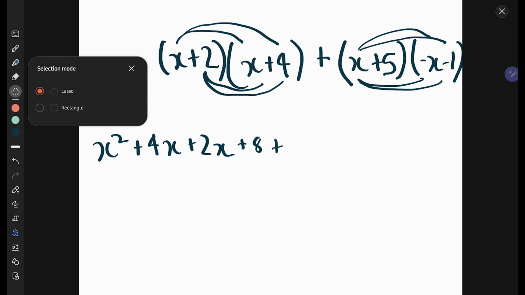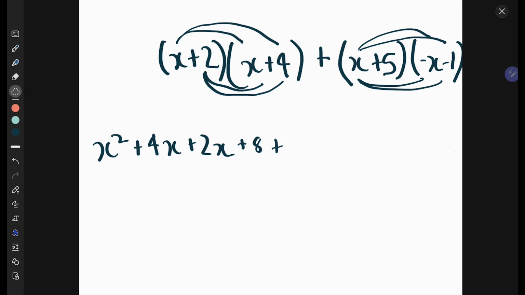Okay, that makes it way easier. So then we have x times minus x, which is gonna be minus x squared. And then you have x times minus 1, which basically is minus x.